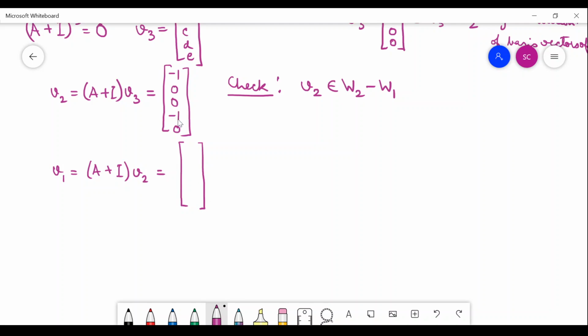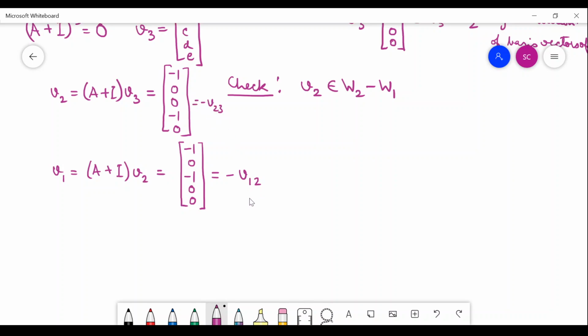You have to take the fourth column, multiply with -1, add together. That is your V1. So looking at my A plus I matrix, if I do this, what I will get is this thing. And this basically is minus V12 that we had. This is minus V2.